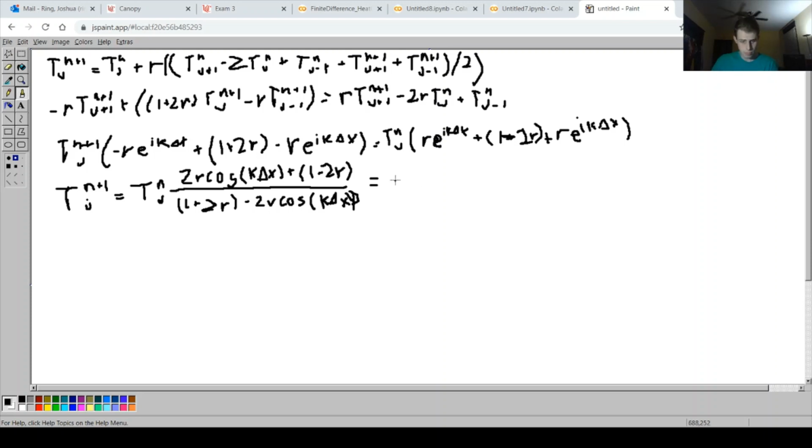So now we will get our Tn of j stays there. That doesn't go anywhere. Can't really do anything with that currently. And we still have our division. But now our 1 minus 2r is being multiplied by 1 minus the cosine of k delta x.